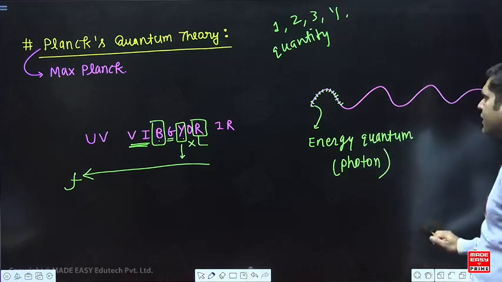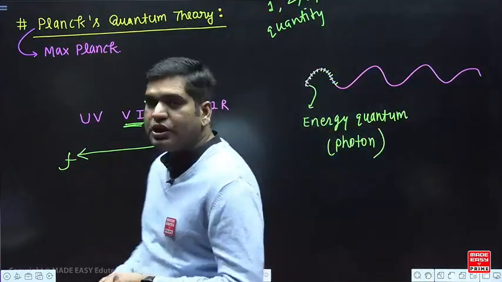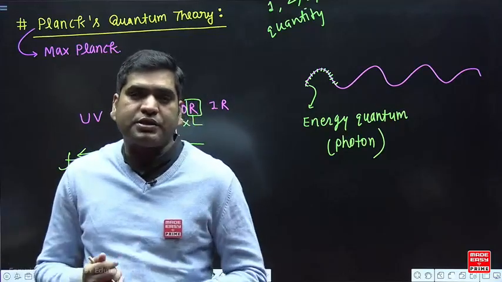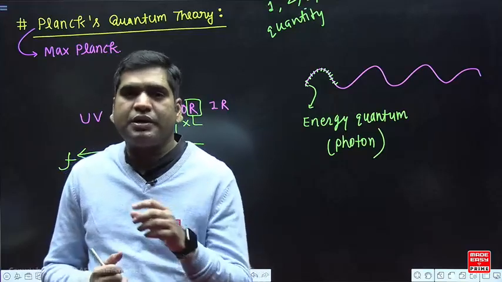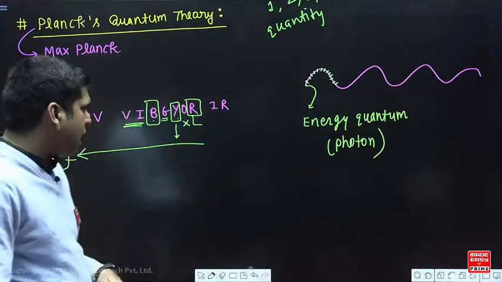So he said that actually the light energy is discrete in nature, it is quantized, it travels in the form of small packets of energy, and one smallest quantum of energy, a packet of energy, is known as energy quantum, which was later known as photon.